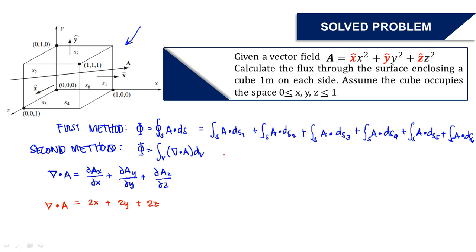And now, para makuha yung flux, sabi daw, volume integral daw yan ng divergence. So, that's 2x plus 2y plus 2z dv. Yan. And since nasa x, y, and z naman tayo, pwede na natin gamitin yan. This equal to the integral ng z 0 to 1, integral ulit ng, palitan natin ang kulay.